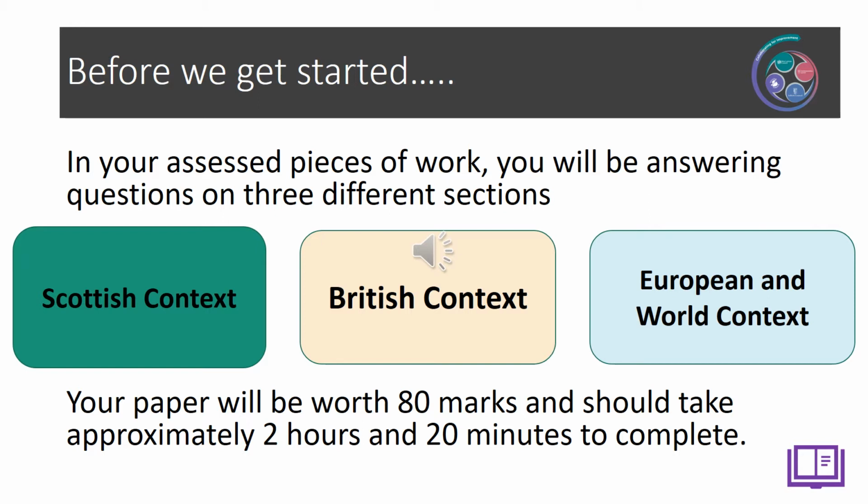Each of the question types that we'll be looking at today appear in all 3 of the contexts that you see on the screen. Your history paper overall will be worth 80 marks, and in total it'll take you approximately 2 hours and 20 minutes to complete one full paper. You should speak to your teacher about the individual arrangements for your school.